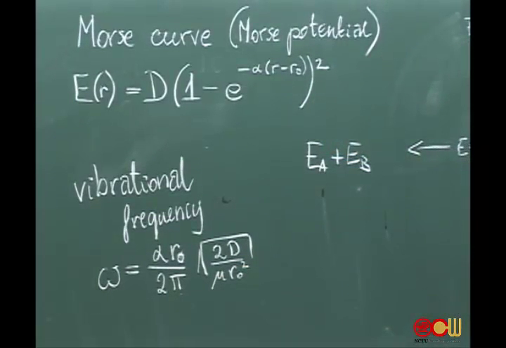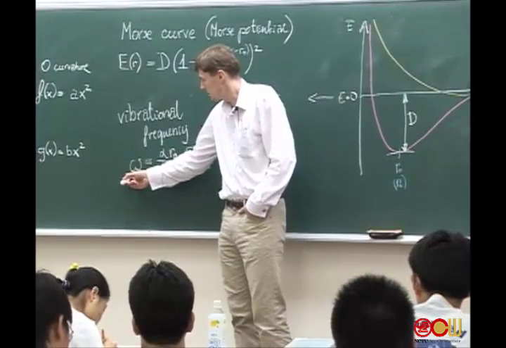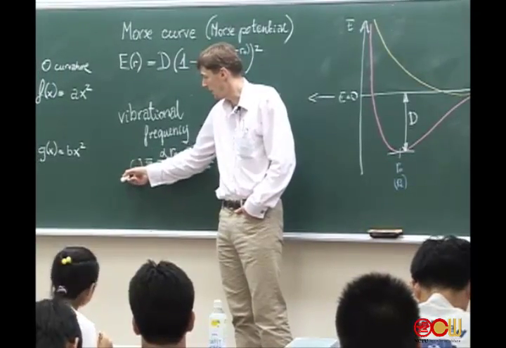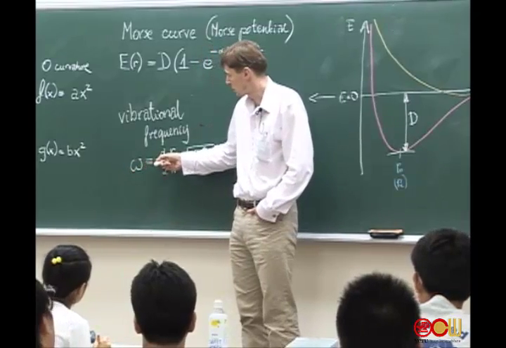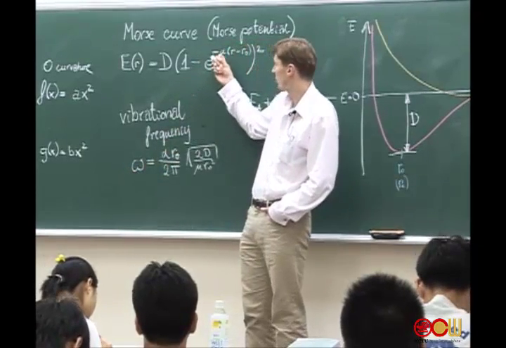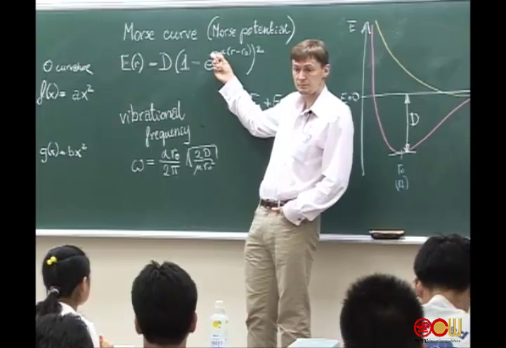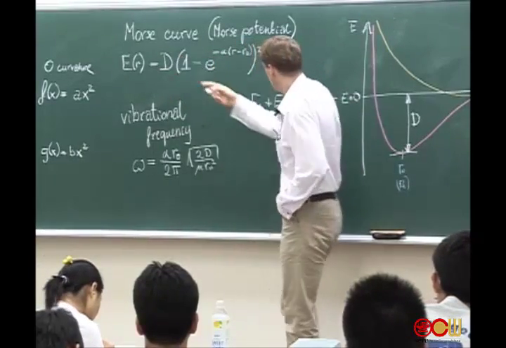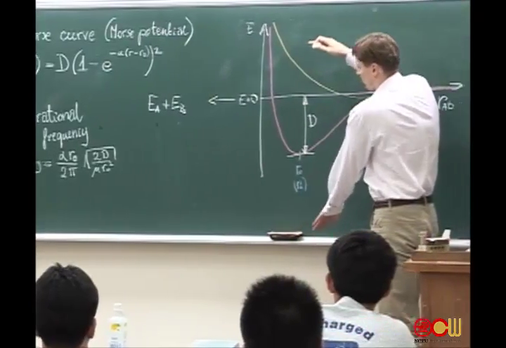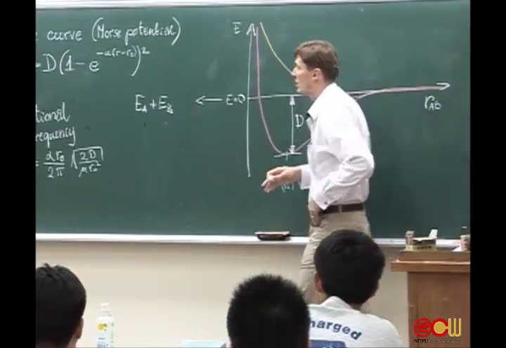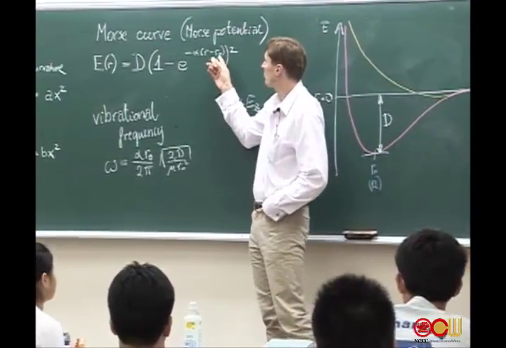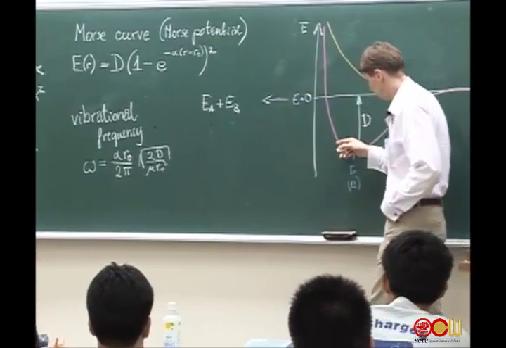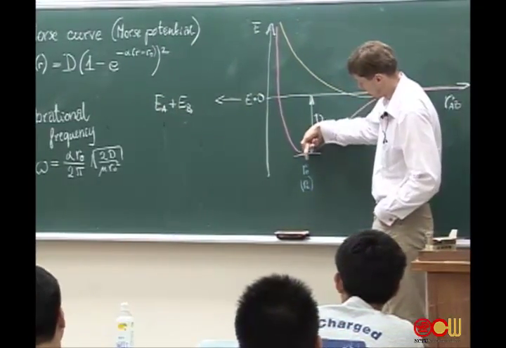So a bit strange definition, but anyway, what you see is that this omega is proportional to alpha, and alpha is a parameter in this equation. So D represents how deep our potential is. r0 represents where it has a minimum, so it defines this point.